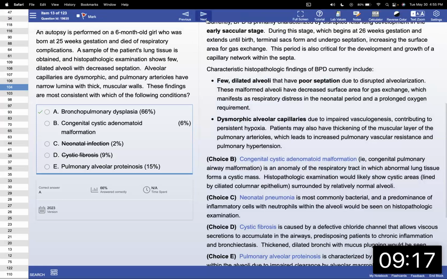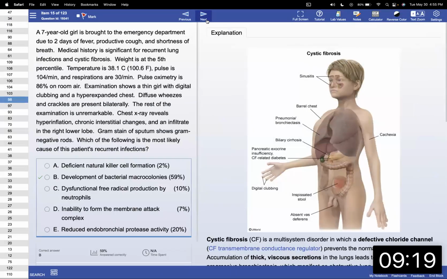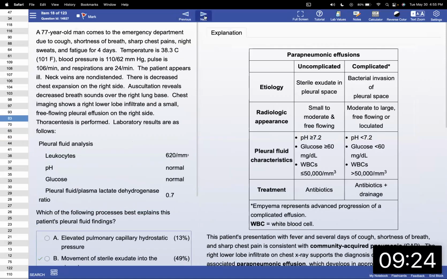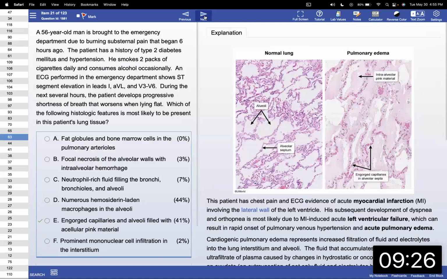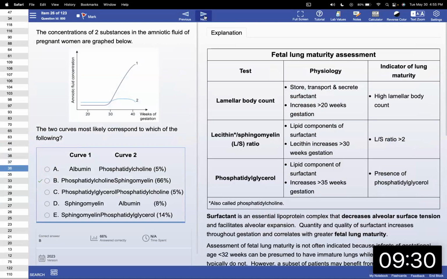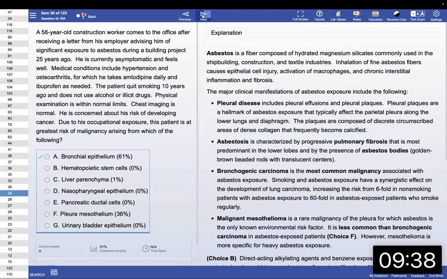Okay, then next, what else did they say in this context? Fetal lung maturity: phosphatidylcholine, which is also known as lecithin, should be higher than sphingomyelin.